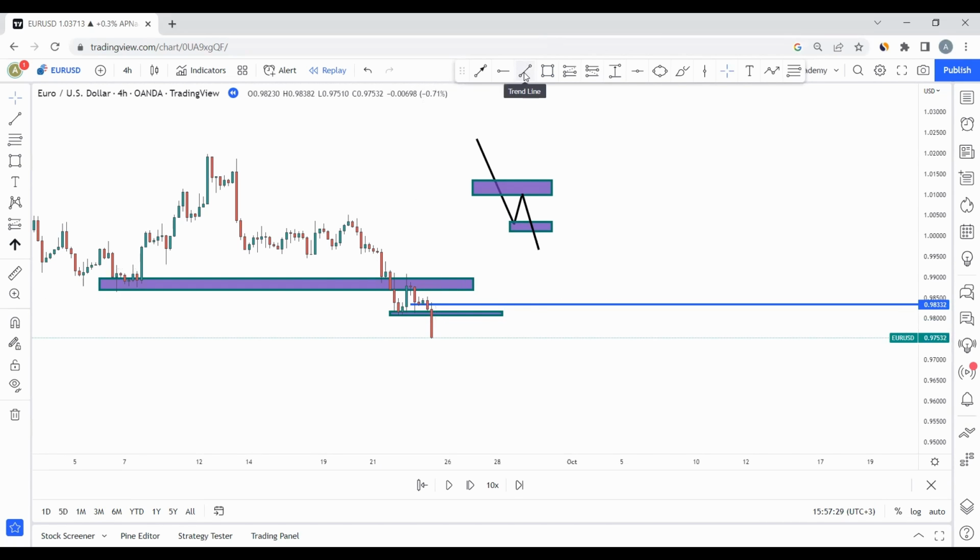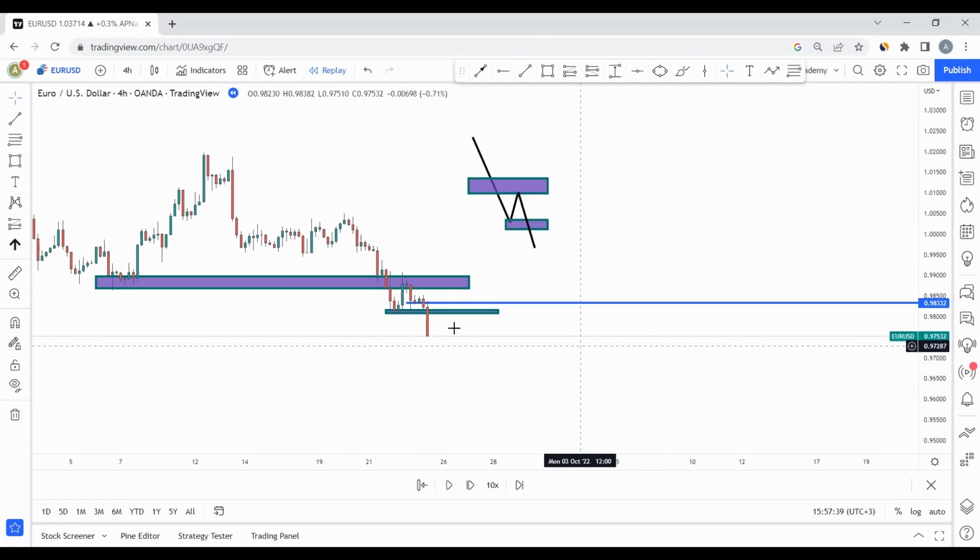But in actual sense, when we look at this side, it will look like as if it is perfect, like it has made a low, lower high, and then a push down. This is what is confusing most of you. You think that the market is going to move smoothly like this, right? So let's continue. Now we are here. These are the two situations where we have lower low, lower high, lower low, right? I hope it's making sense to you.